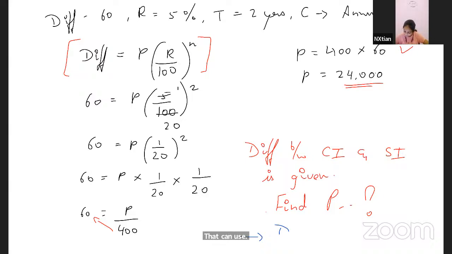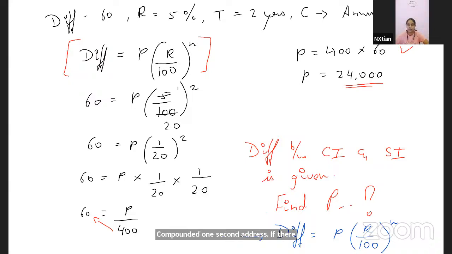Difference equals to principal rate by 100 raised to n. Okay, so if there is compounding semi-annually, or half-yearly, you use P R by 2 by 100 raised to the power 2n.